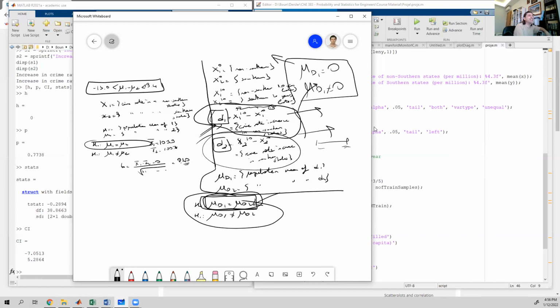And this is exactly a paired t-test. Why do I call it a paired t-test? Because I have x1 values and x2 values, and I have subtracted them here. So once you have subtracted the values, note that this is simply a t-test of whether the population mean of these values is equal to 0 or not.